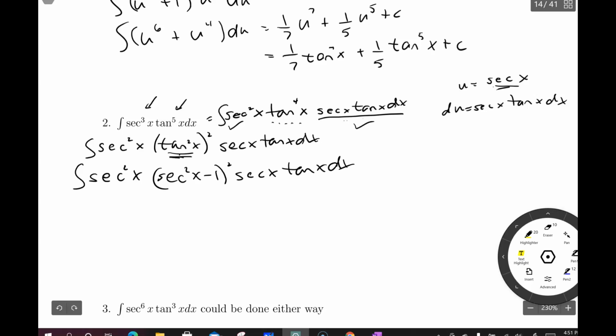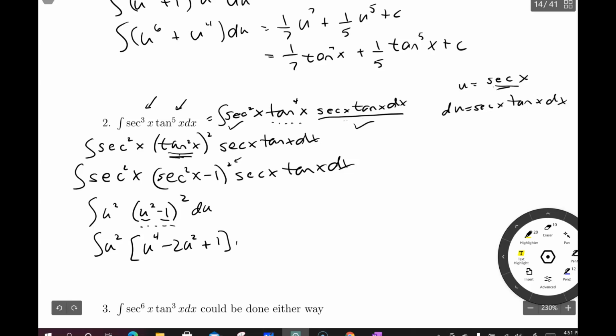So now I'm ready to put my u in. So I have u squared minus 1 squared, don't lose that, right, times du. So this has got to be multiplied out. So I get u to the fourth, this times 2, plus negative 1 squared, which is 1. So now I get to multiply it, adding the exponents.